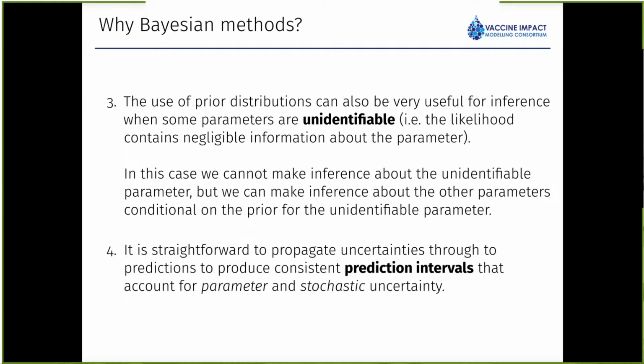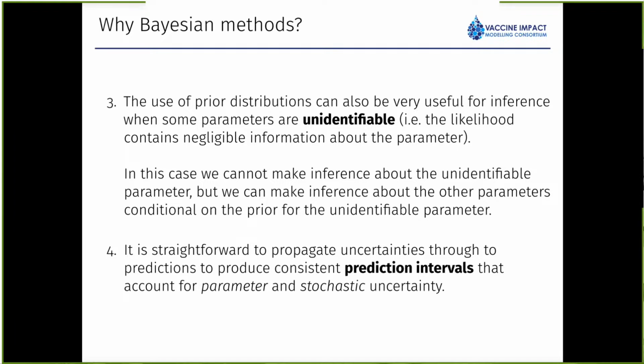Now, there are simulation ways that you can do this with maximum likelihood, essentially like an imputation type approach, right? You simulate various versions of your parameters and then you propagate those forward. But in the Bayesian framework, it comes out naturally.